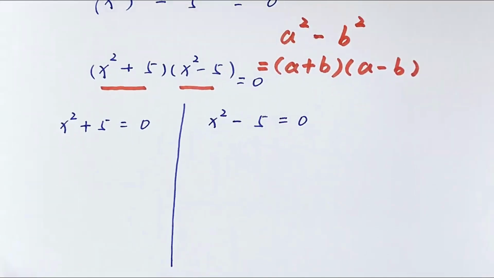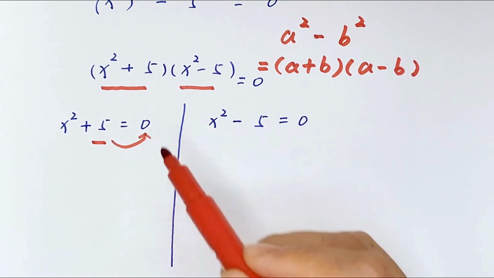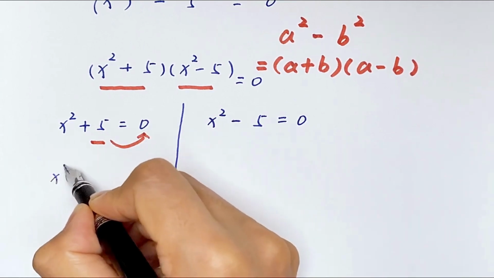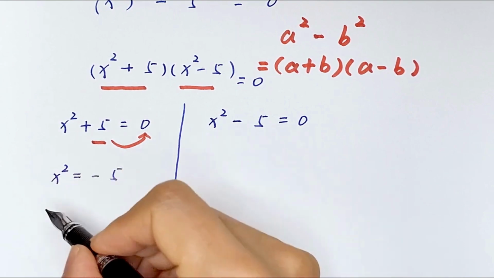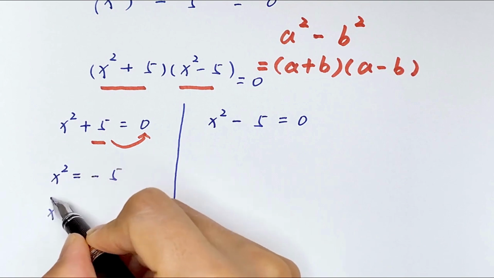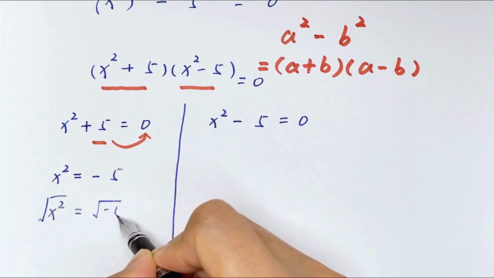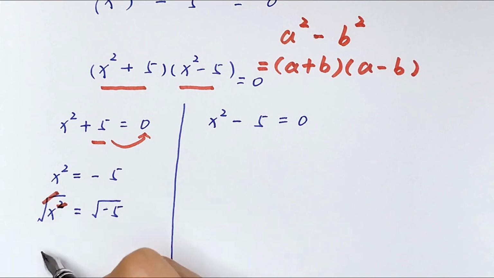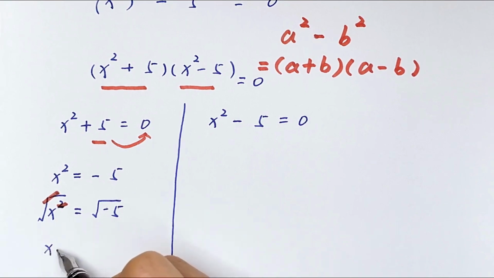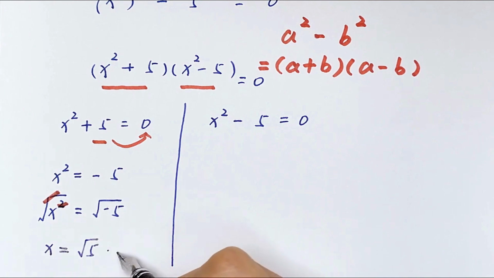To solve the first equation, 5 takes to the right side, so x squared is equal to negative 5. Then we apply the square root on both sides. So this square root will cancel this square. Then x is equal to the square root of 5 times the square root of negative 1.